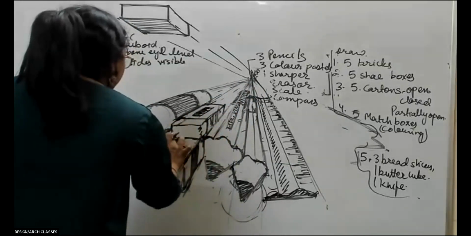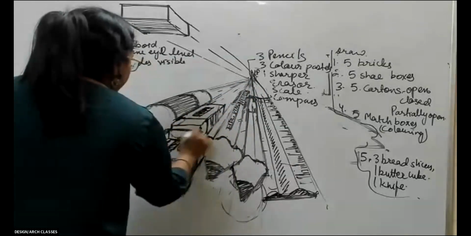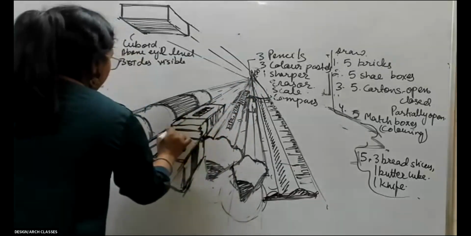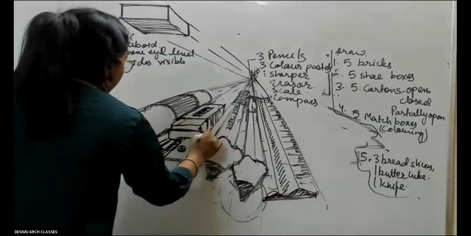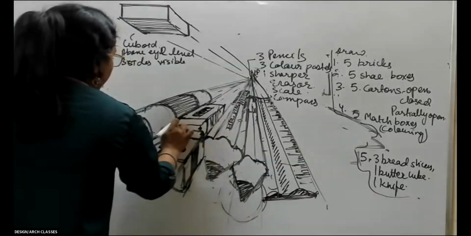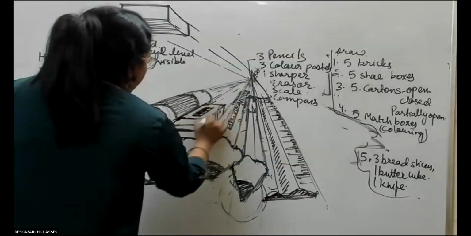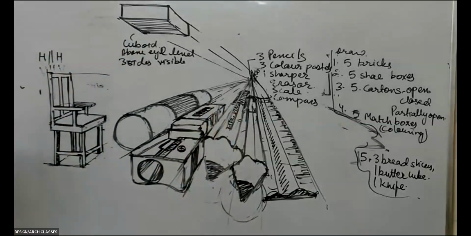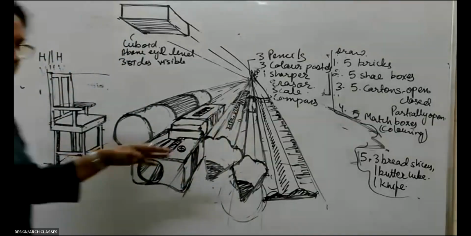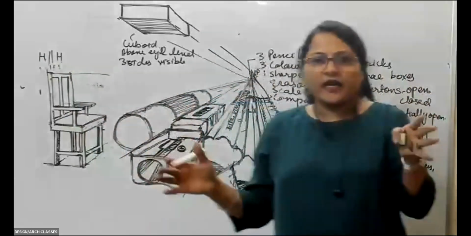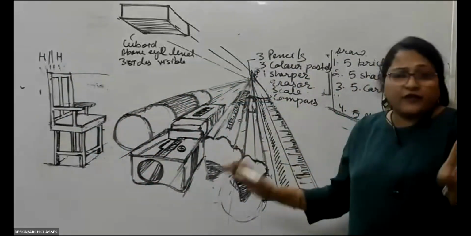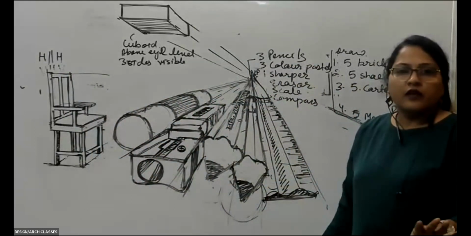Can you figure out the eraser also? Sorry, I just removed the sharpener details. I did not realize. Can you figure out this eraser here? And can you figure out the clumsiness that's coming? Oh my God, you have kept a lot of stationery here.